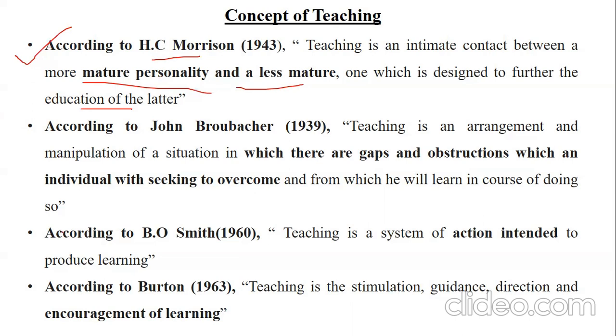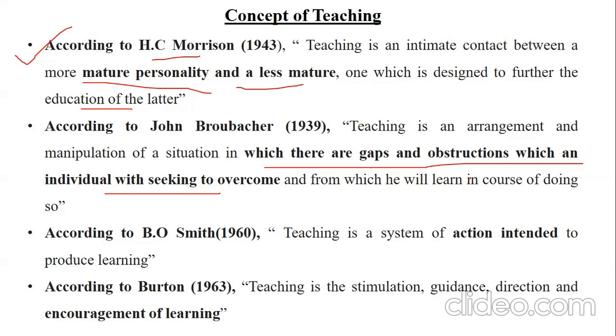Coming to John, according to John, teaching is an arrangement and manipulation of a situation in which there are gaps and obstructions which an individual has to seek to overcome, and he will be learning in the due course of time. It means in the course of doing so, he will learn how to reduce the gaps. Every teacher-student relationship is definitely new.